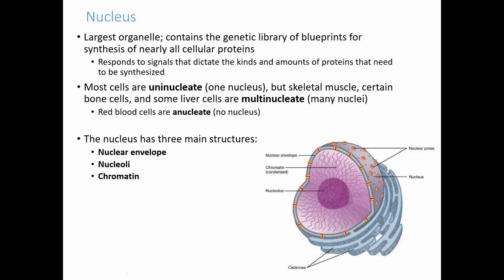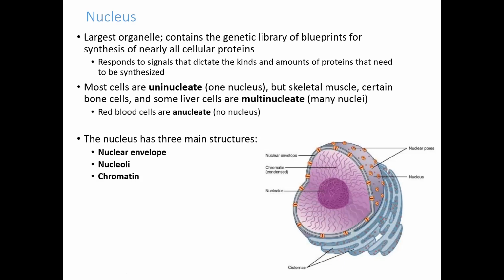Most cells have one nucleus. Skeletal muscle cells have multiple nuclei, but they don't replicate. Muscle cells don't reproduce, so having multiple nuclei is not that big a deal.